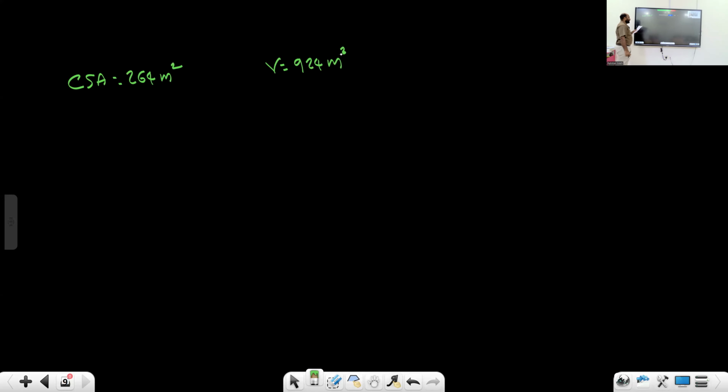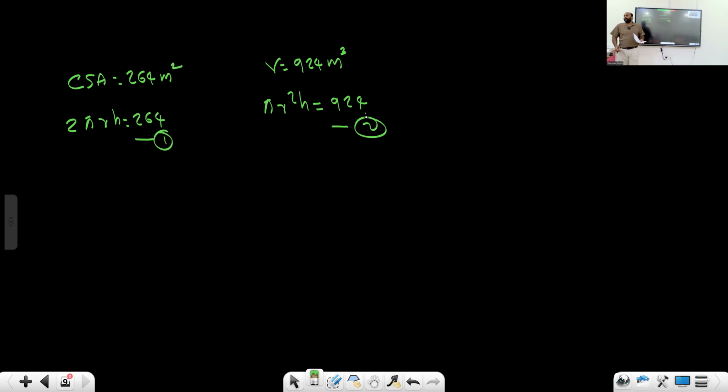It is a cylinder. Tell me, what is CSA? 2 pi r h for a cylinder. Now, what is volume? Pi r square h equal to 924. All of you listen. 9th standard also you might have done this one.